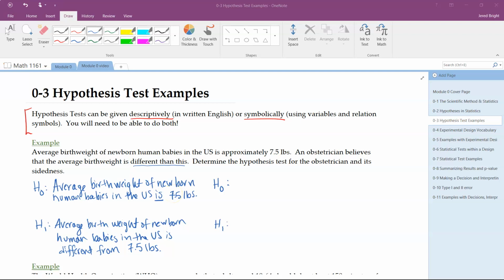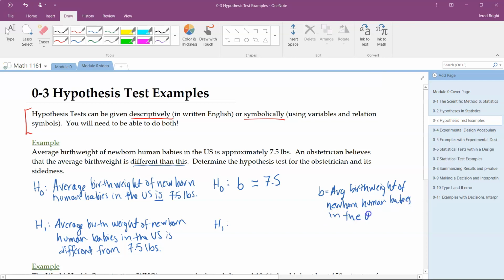In the null hypothesis, when we say "is," that typically translates to equals, and then 7.5. On the other side I need a symbol, and I'll use B. Every symbol that I use, I have to define. So B is the average birth weight of newborn human babies in the US.